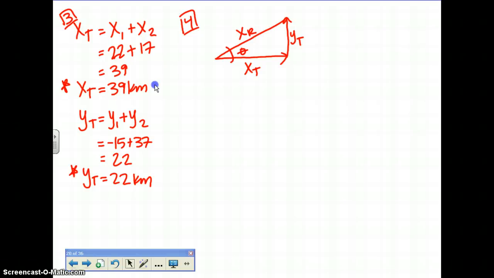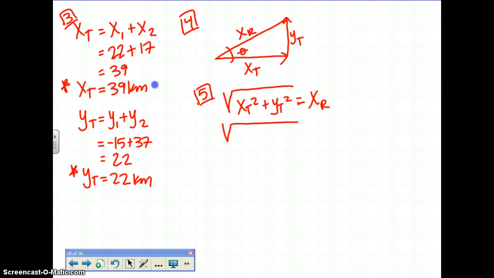So to solve for the magnitude then, that's going to be the square root of x total squared plus y total squared equals, I'm going to call it xr. Okay, square root of 39 squared plus 22 squared equals. Please put that in your calculator.